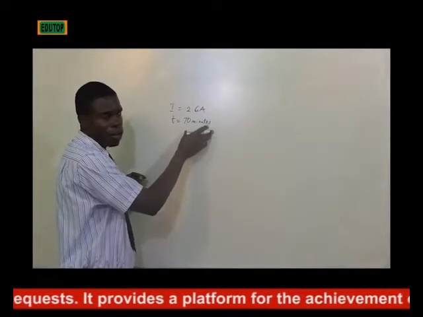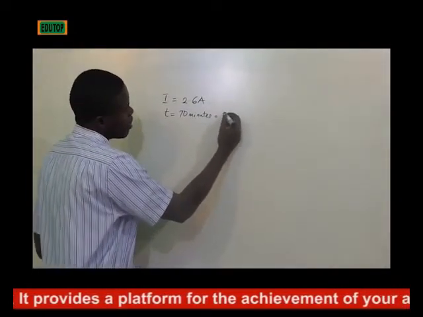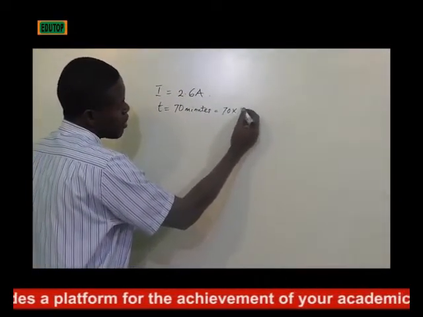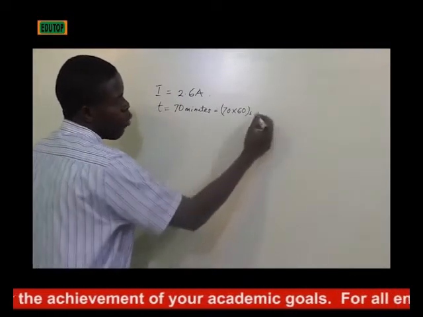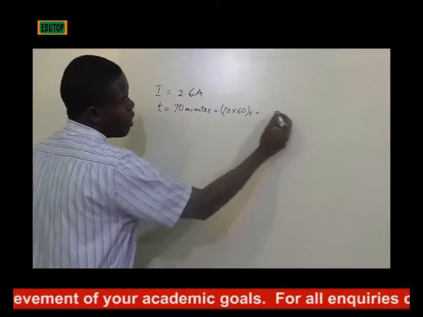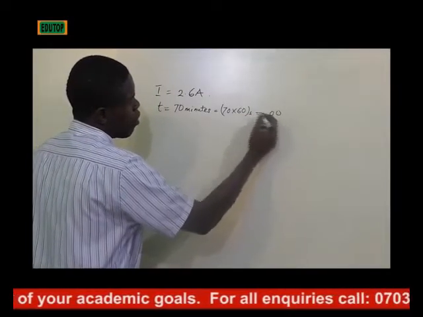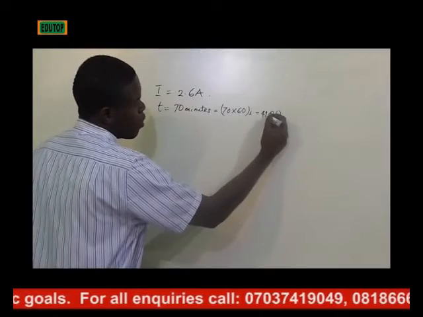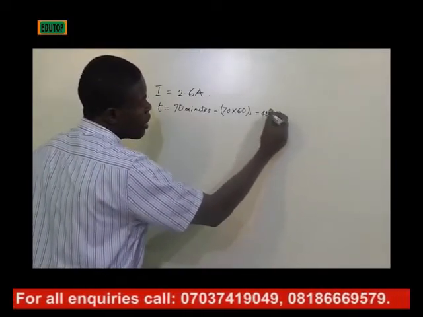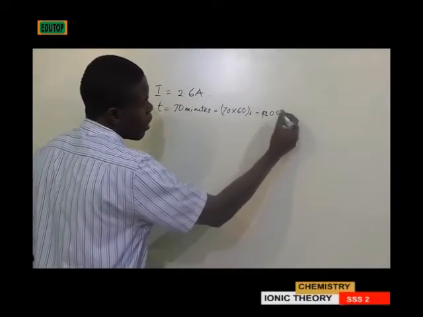If it is converted to seconds, it will be 70 times 60, which is 4,200 seconds.